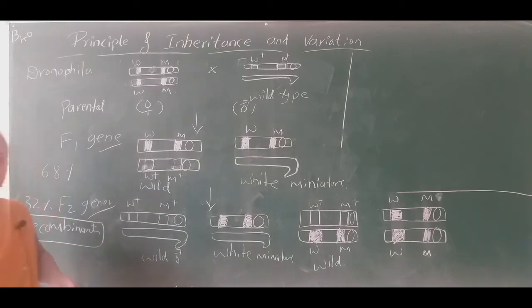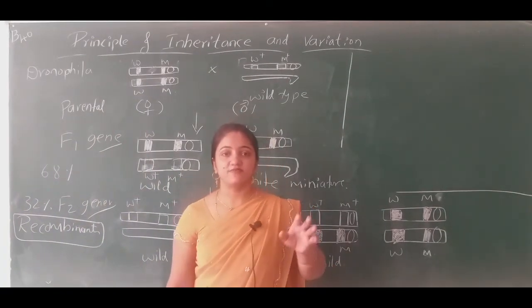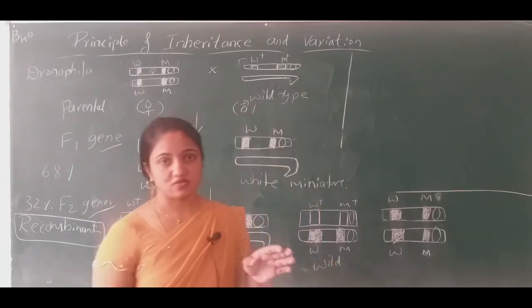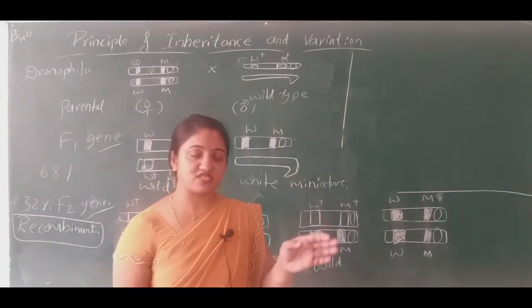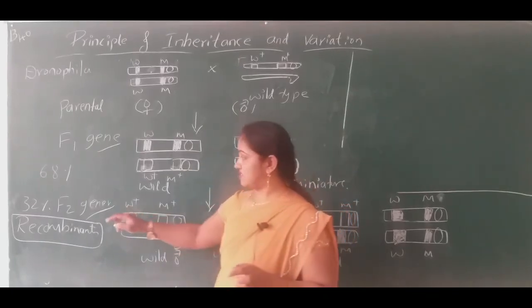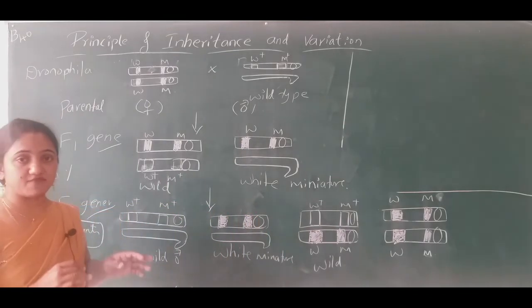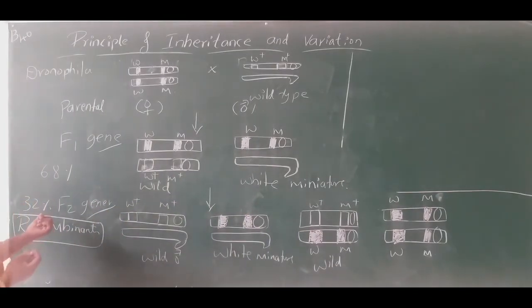In the first example, only 1.3% of the offspring became recombinants, and the rest, 98%, resembled the parents. But in this cross, we got 32% of offspring that are recombinants or new types.